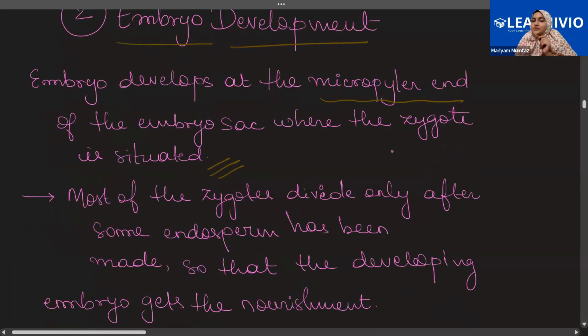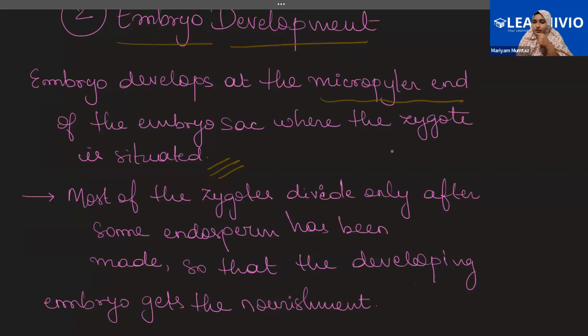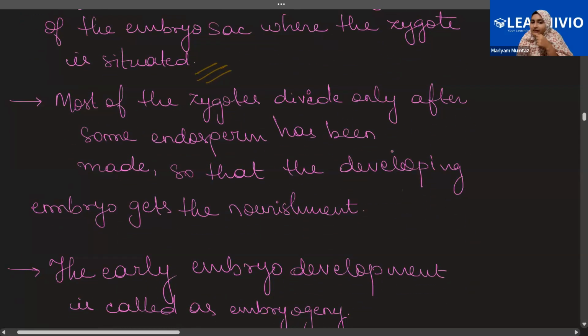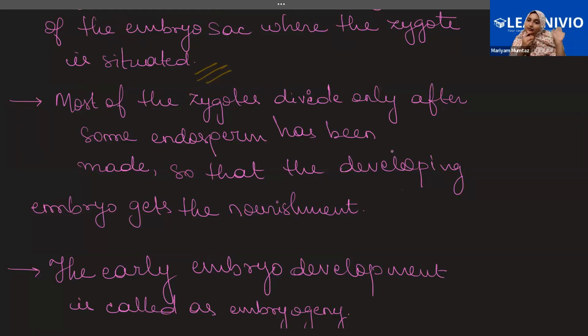So the embryo develops at the micropyle end of the embryo sac where the zygote is situated. Most zygotes divide only after some endosperm has been made, as if saying, we will start growing when our food is there. If the food is not there, we'll die. So they start dividing when endosperm has been formed so that the developing embryo gets nourishment.